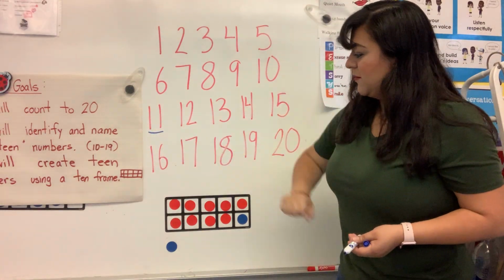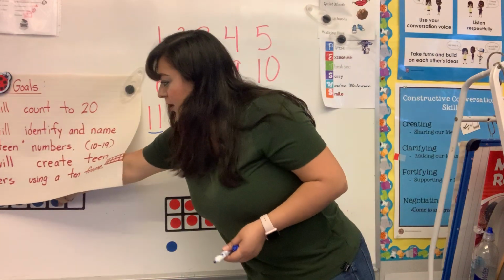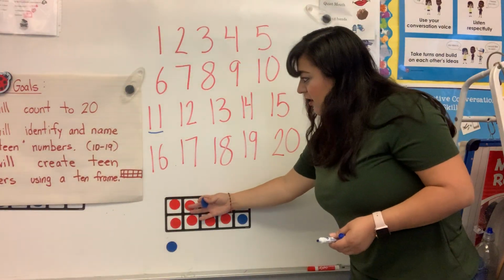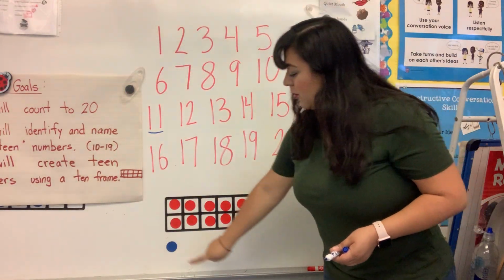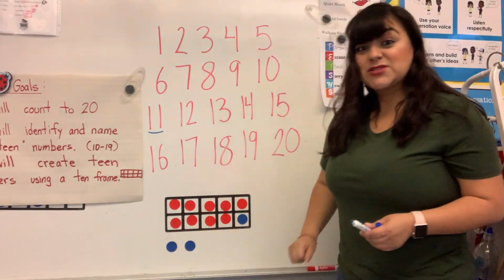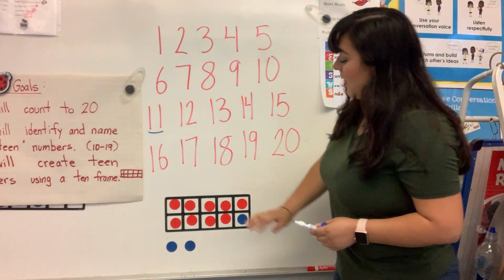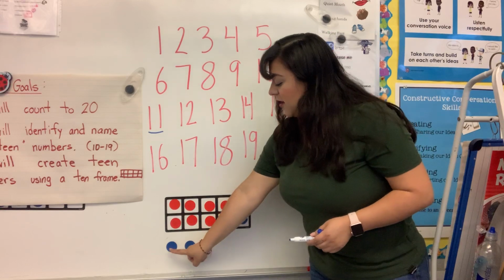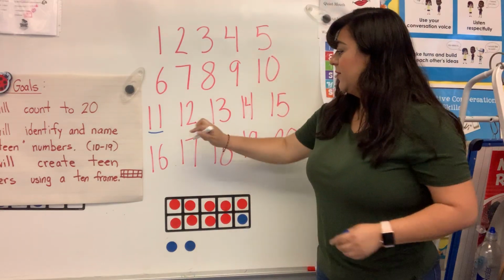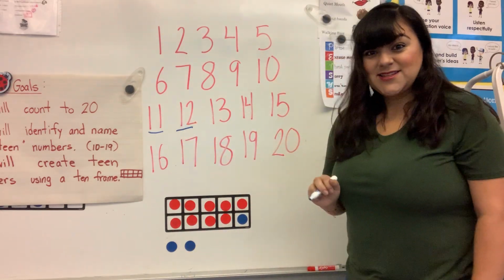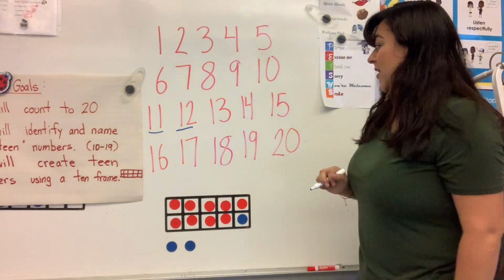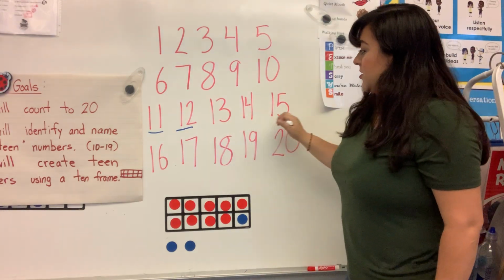Now, if I want to make 12, I use 10 and two more, 1, 2. So that when I count, I say 10, 11, 12. That's another teen number. And so on and so forth.